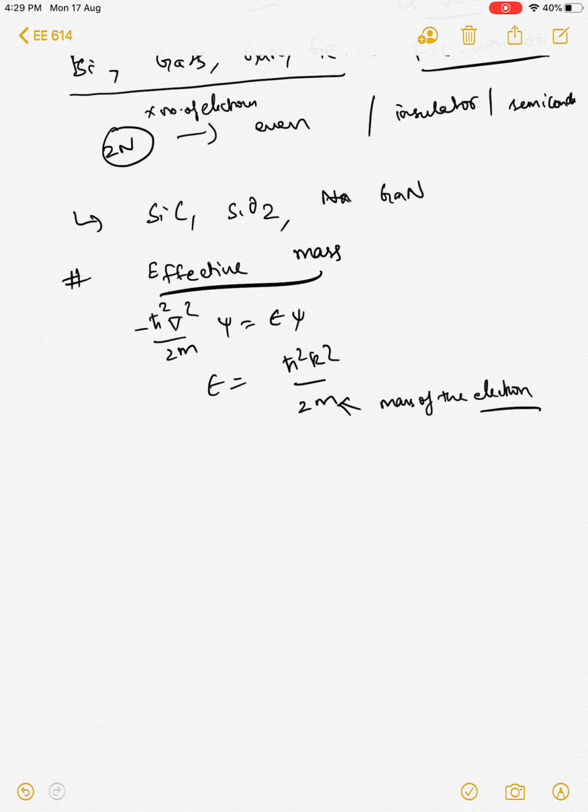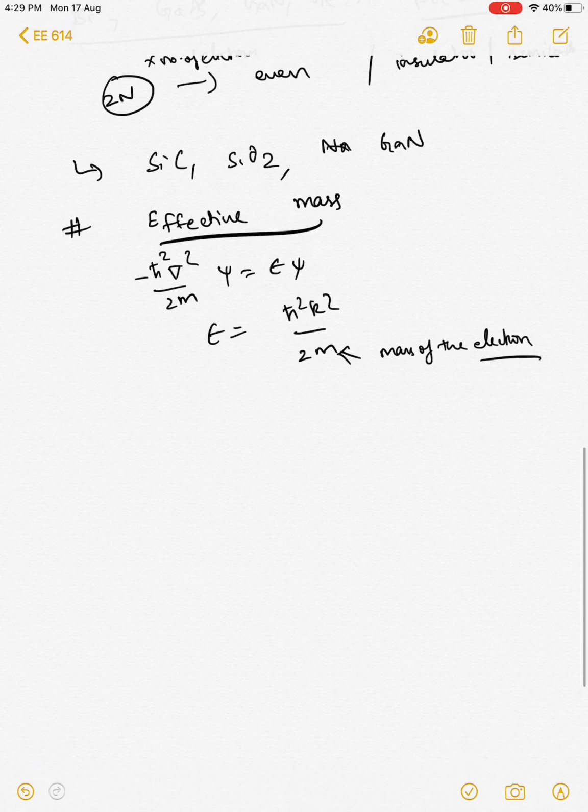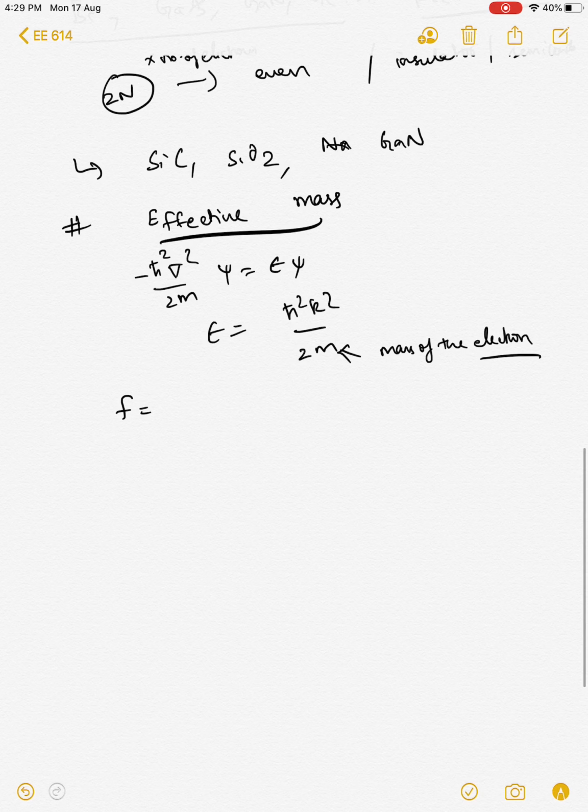So when you deal with electrons like this, now the total force that acts on the electron is a force which is from the periodic lattice, right? Plus there are some forces which are external to it. In any of these cases, right, we see that even in our previous calculations, the E versus K is almost a parabola, other than the places where they are very close to the zone boundary, right?